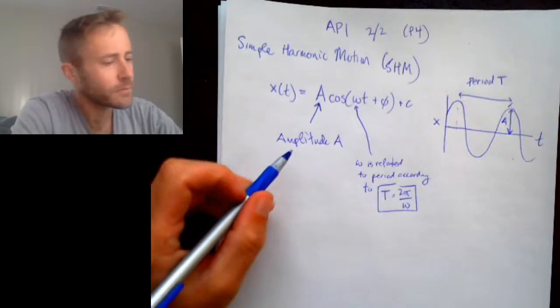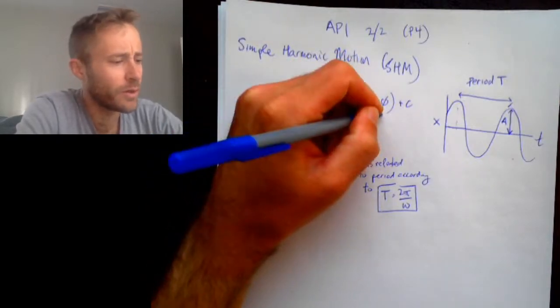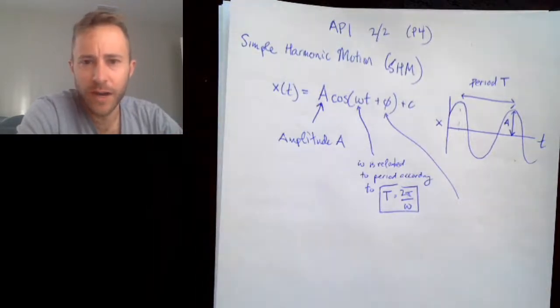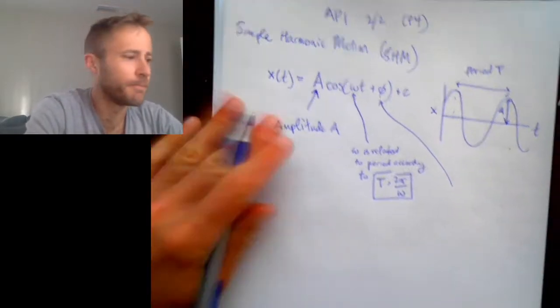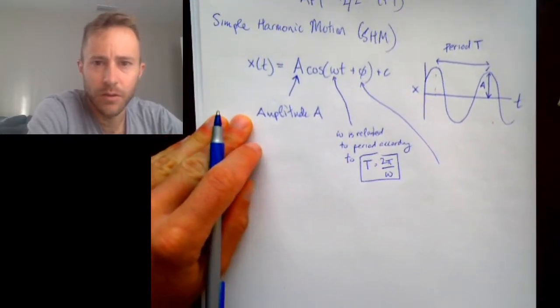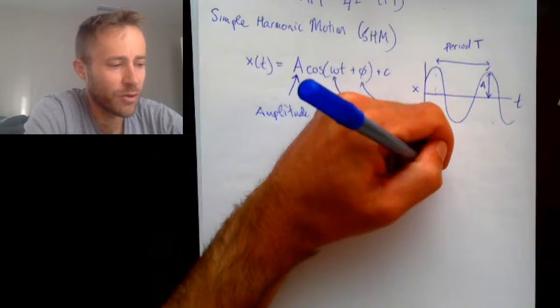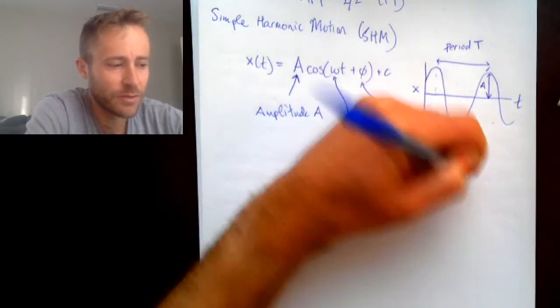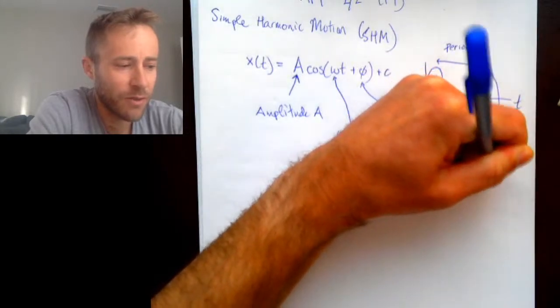Now, what is phi? Well, to understand what phi does, you have to remember your graph of like f of x versus f of x minus 5.